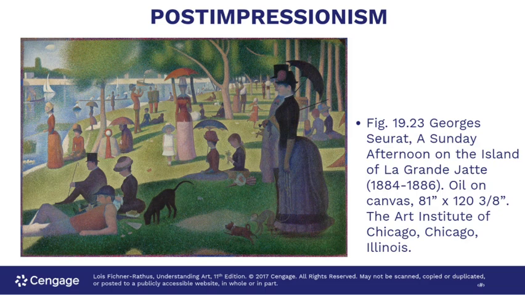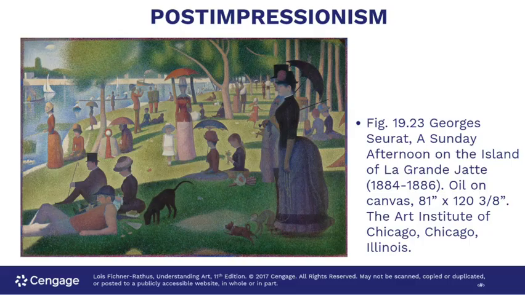So when we get started with post-impressionism, we're going to start with Georges Seurat, A Sunday Afternoon on the Island of La Grande Jatte. We have some similarities with Impressionism in the sense that we have middle-class people doing everyday activities, enjoying an outdoor activity. It kind of looks like Impressionism that's been tightened up a little bit, where we have these smaller brushstrokes.